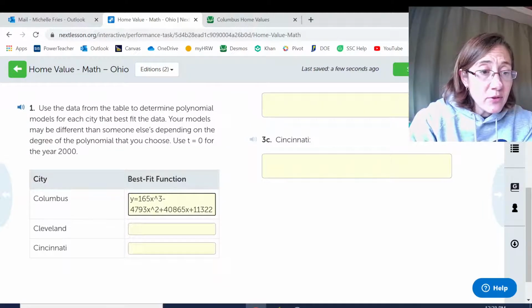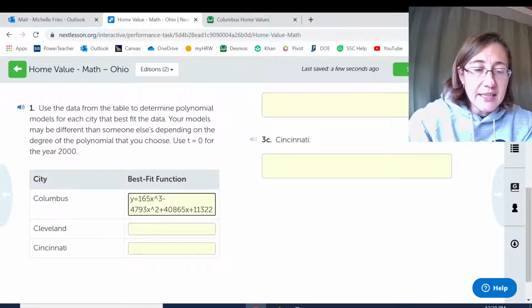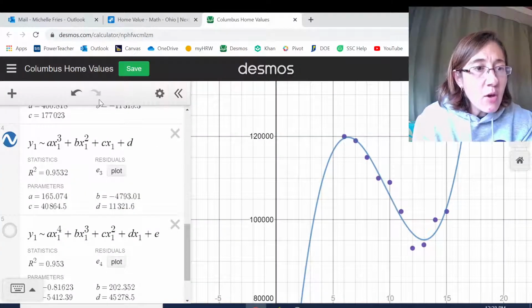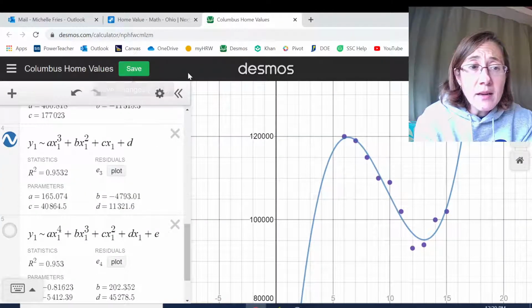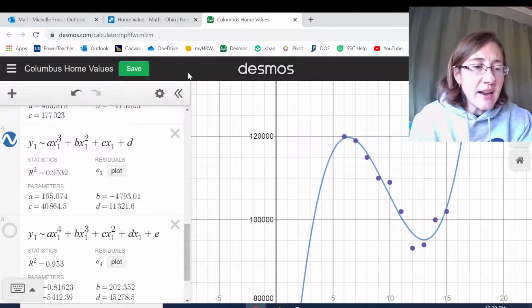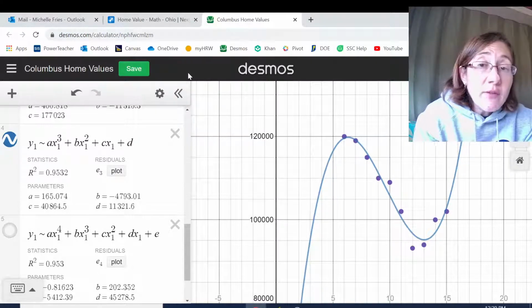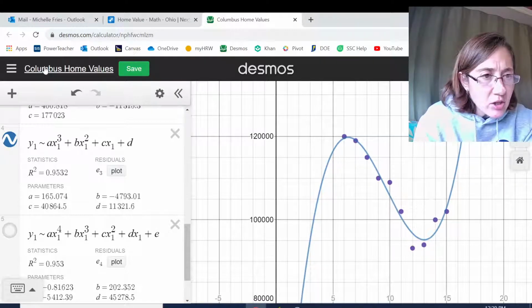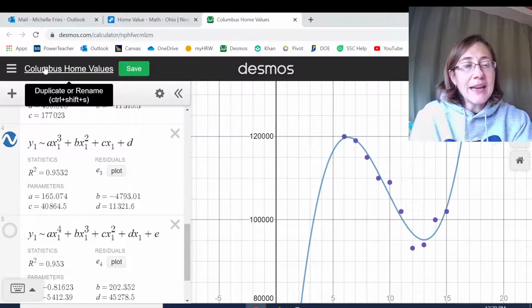So I've done Columbus for you. You're going to do Cleveland and Cincinnati. Oh, I should show you this on Desmos while I'm thinking of it. Up here, I have a save button because I could save the changes that I've made. If you log into Desmos, you should be able to save this, and it should allow you to duplicate or rename it.